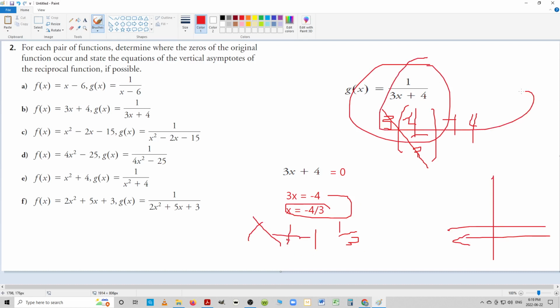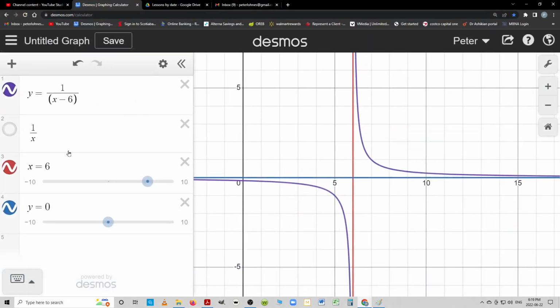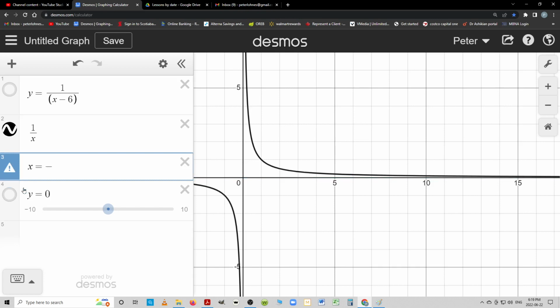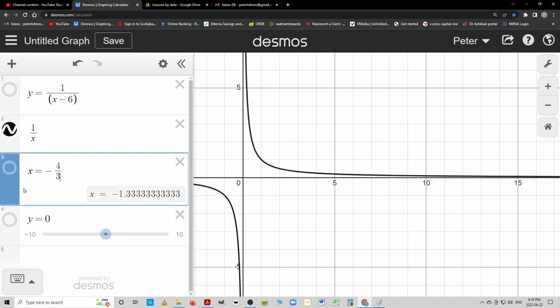Let's try this out now. 1 over 3x plus 4. There is a regular one. Just always learn your parent functions. And according to me, this will be a vertical thing at x is equal to minus 4 over 3, right?